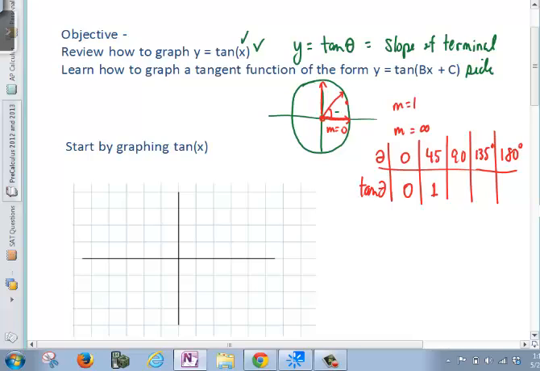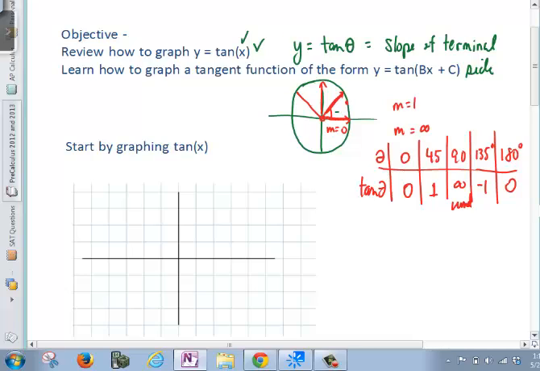Then it becomes 1 at 45 because the slope of that terminal side becomes 1. Then it goes to an undefined value, so I'll write undefined or infinity. Then when we get to the other side here, the slope becomes -1. And then at 180, the slope becomes 0.